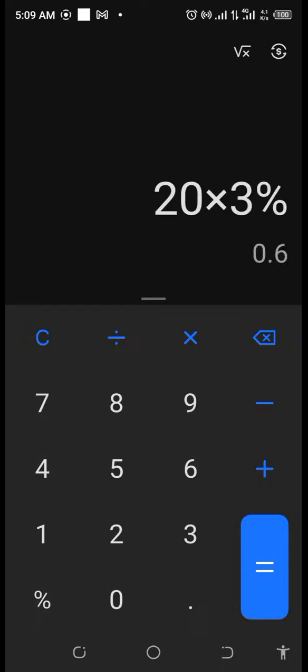We have 20.62. So we put $20 there times 3%. Yeah, this is about a 3% profit margin trade after all expenses have been removed.